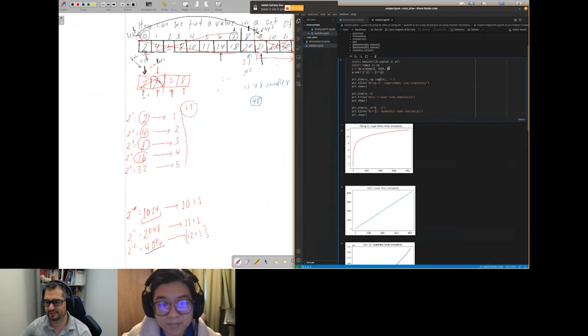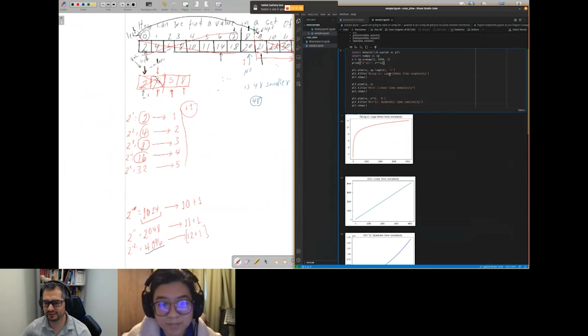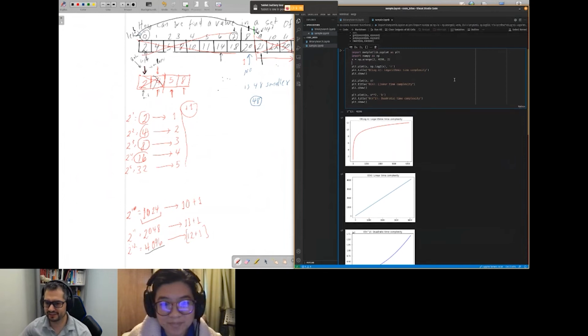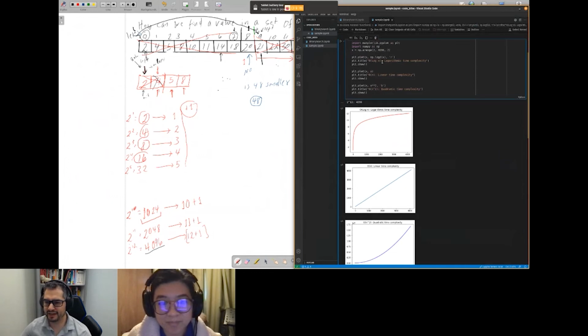This is a print, probably just to check my own logic. And then I am plotting the logarithm base 2 of each one of these values in the range. And this is the curve that you get, right? This is a logarithmic time complexity.